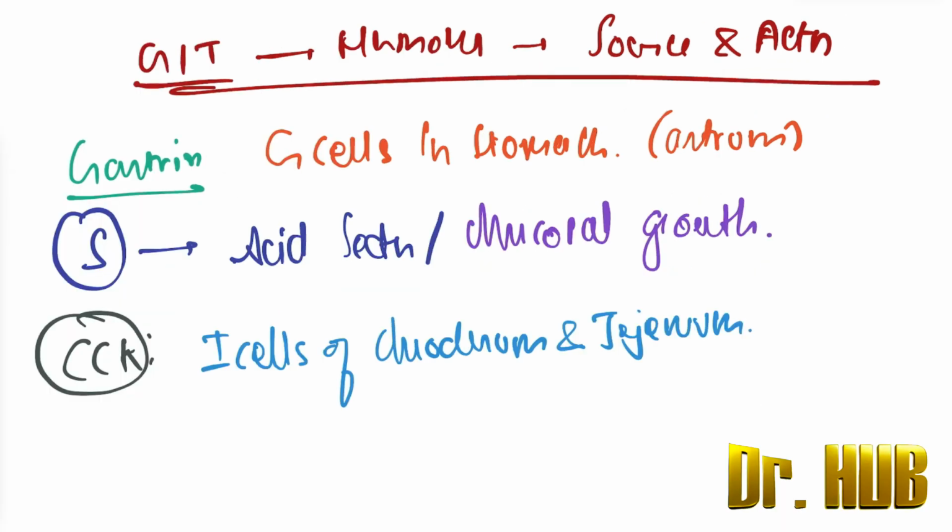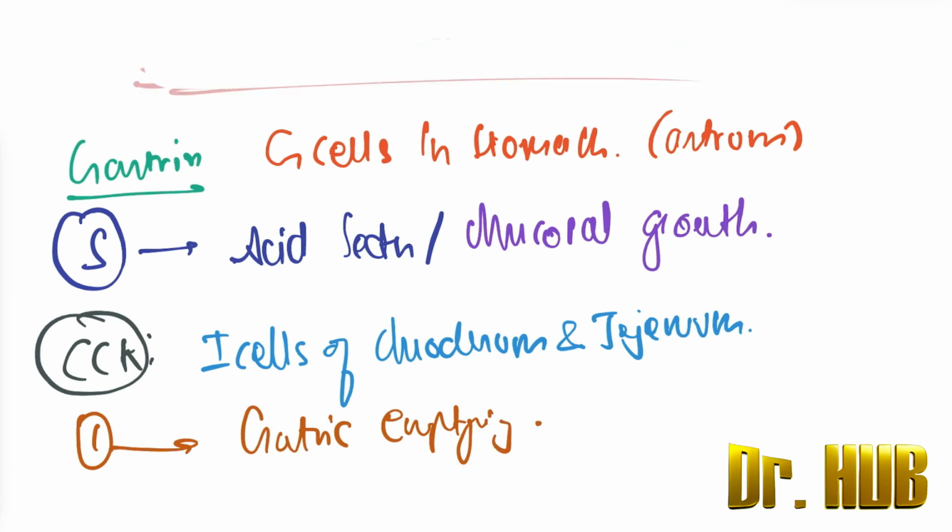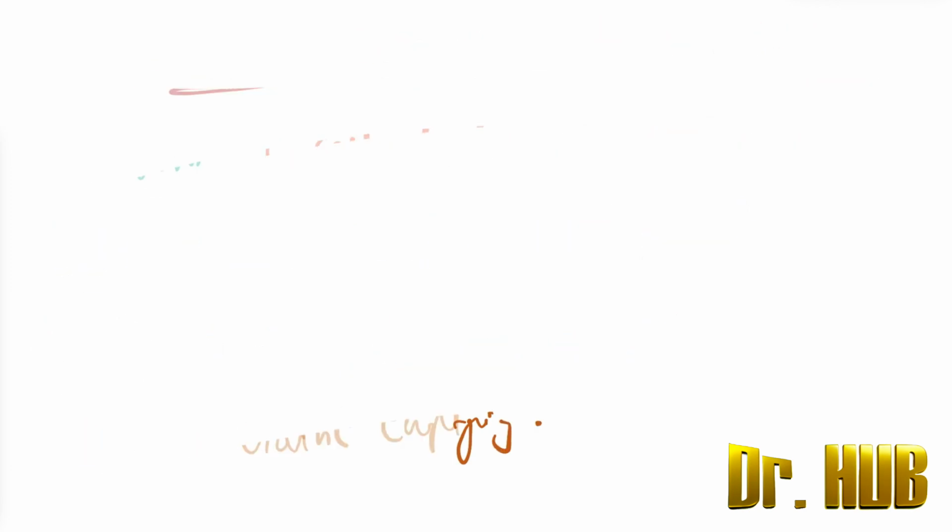So where is it inhibited? Inhibition takes place in gastric emptying. And then where does it stimulate?